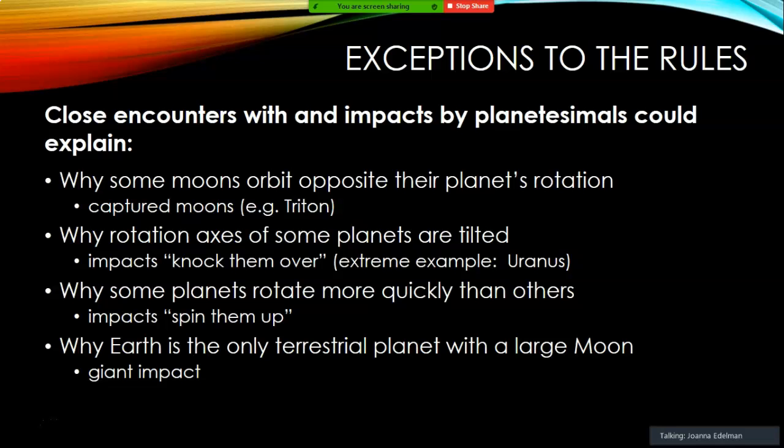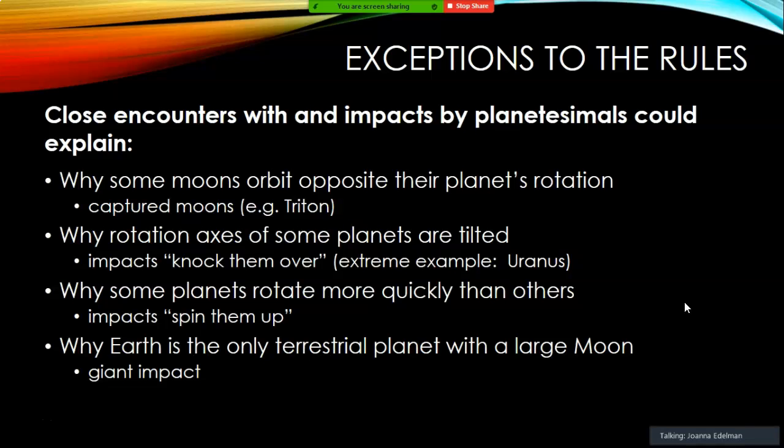Some planets will rotate much faster than others. And you may ask, well, why is that? Well, it's most likely because of an impact that allowed the planet to spin faster. And then the question is, why is Earth's moon so special? Why is it so big relative to our planet? Because it's pretty significant in size.